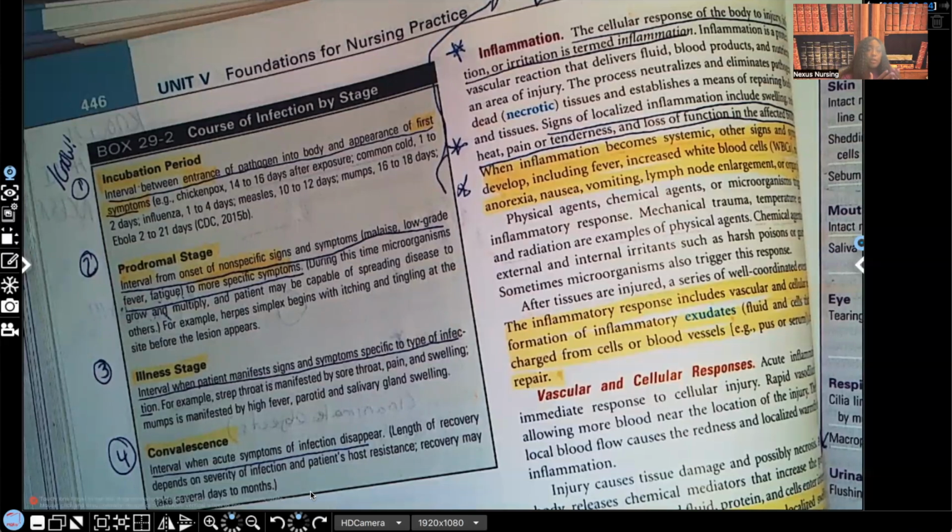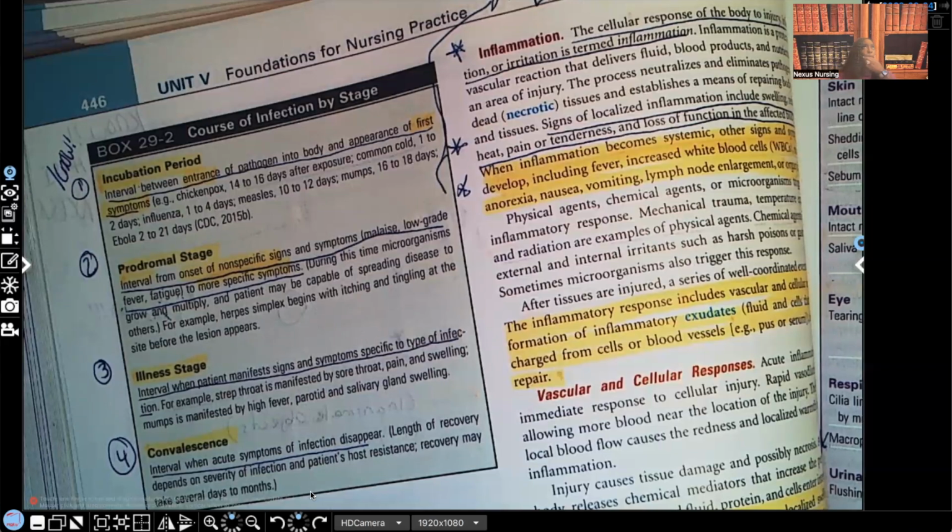It's the interval between the entrance of that pathogen, that virus, that fungus, whatever it is, into the body, the time it takes from when it enters the body to the appearance of the first symptom. For example, chickenpox, 14 to 16 days after exposure, common cold, 1 to 2 days, influenza, 1 to 4 days, measles, 10 to 12 days, mumps, 16 to 18 days.